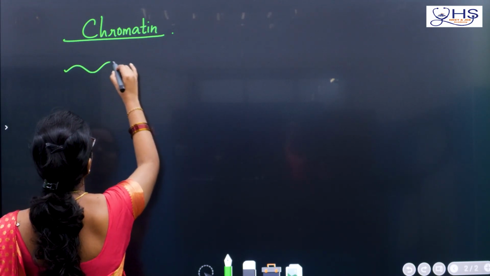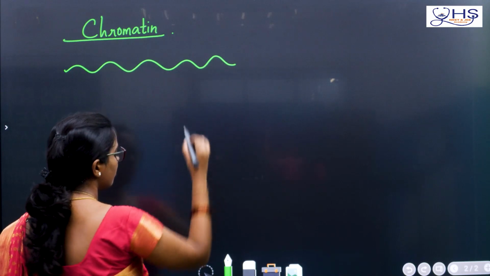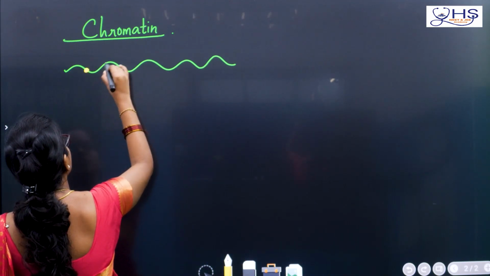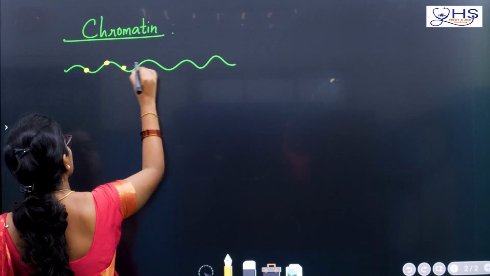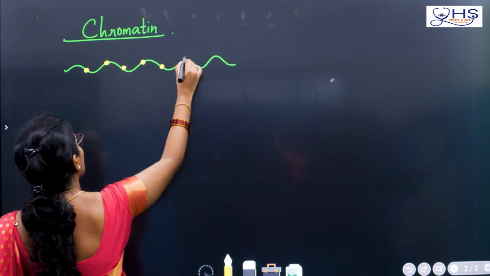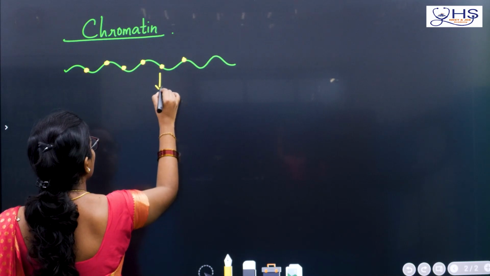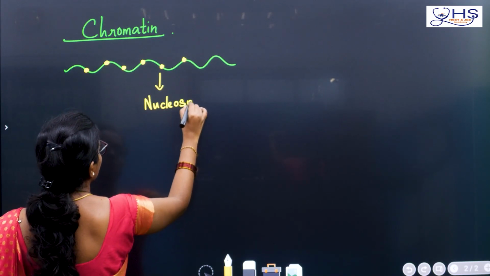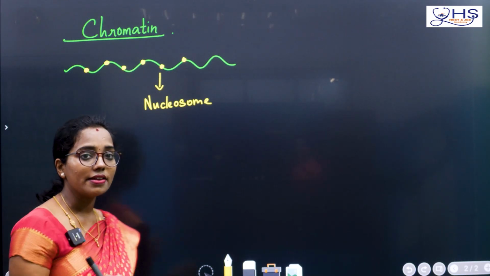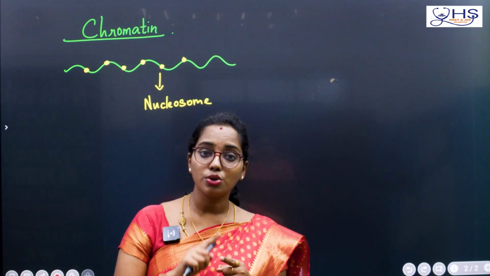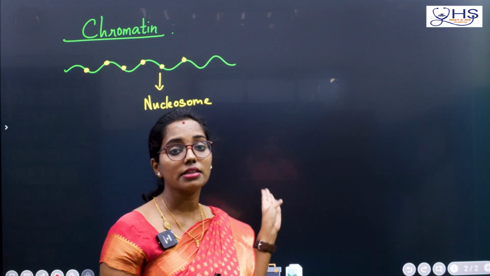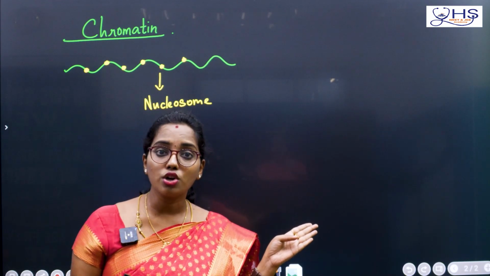If we see it under the microscope, the structure of chromatin will be like this with some beaded structures. This yellow colored one is called nucleosomes. See, there are different terminologies. One is nucleus, another one is nucleoplasm, another one is nucleolus. This is another terminology, which is called nucleosomes.